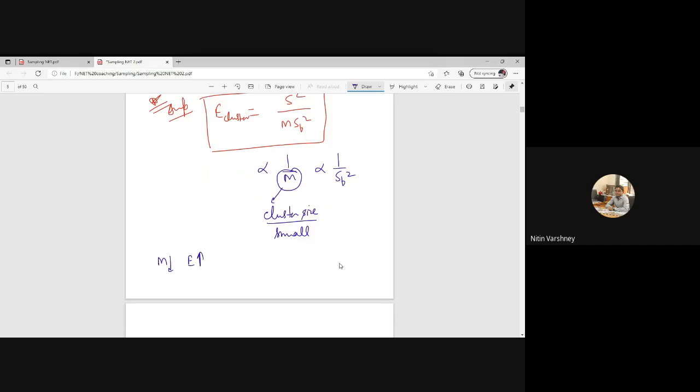So that's why I told you to make small clusters and large numbers: small clusters, more clusters. Then SB square is the between cluster variability, so this should also be small. What does this mean? Between cluster variability is low, meaning they are more homogeneous, isn't it?